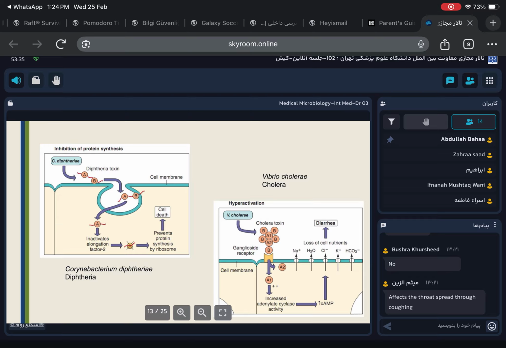I told you that Vibrio cholerae causes severe watery diarrhea. So this type of toxin, cholera toxin, as you can see, is not able to kill the cell. It's just changing the normal function of the cell.